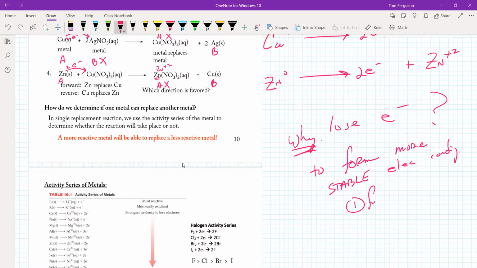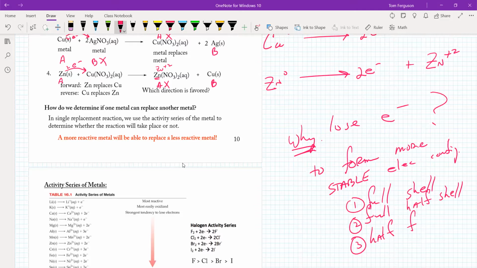That means full shell, full half shell, and this is review. This is a subshell.